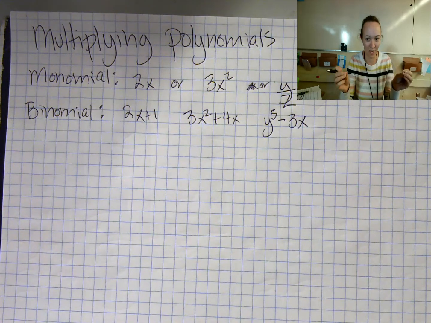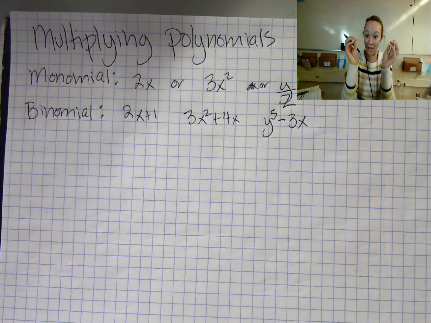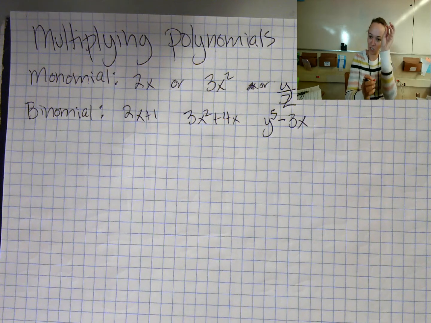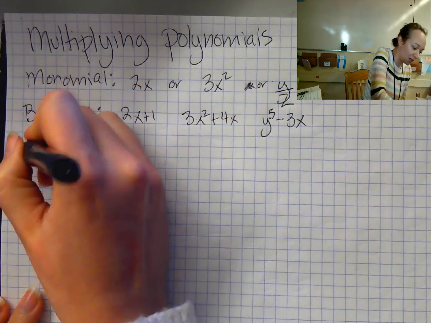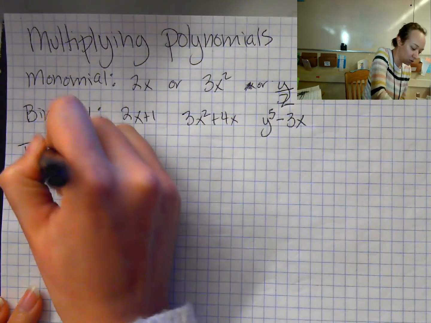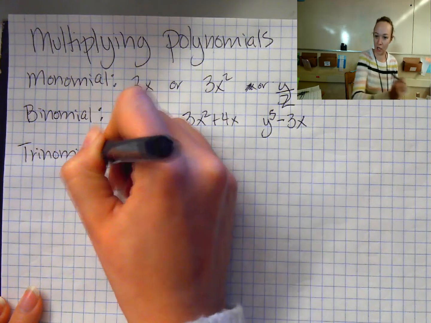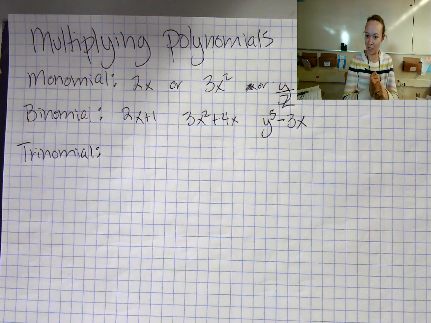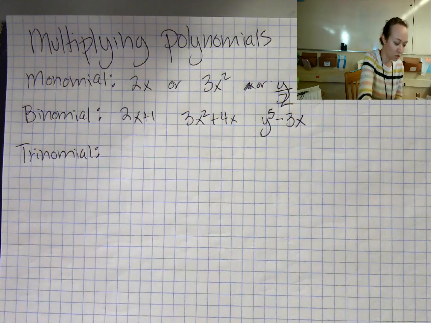This is not a very strict category. It just means there's two things that are being related by adding or subtracting. And each of those things is a monomial. And then you could even have a trinomial, which shockingly enough would have 3 terms being added or subtracted together. So 3 monomials being added or subtracted together.